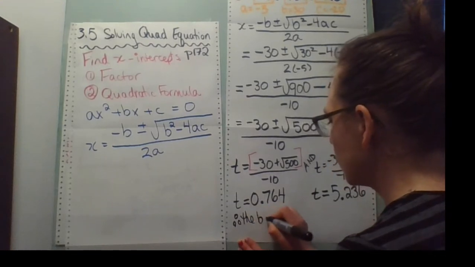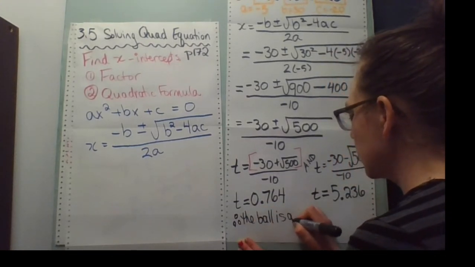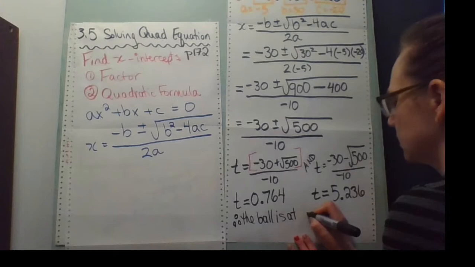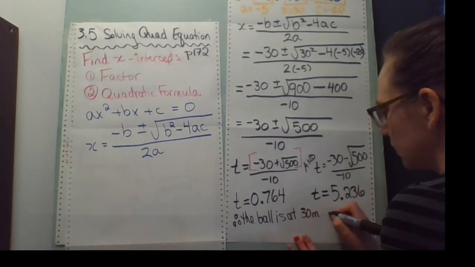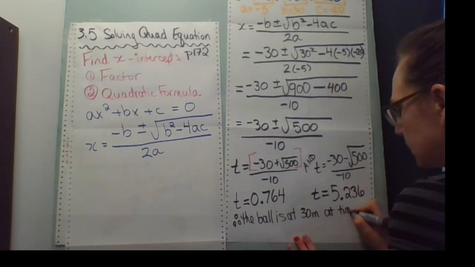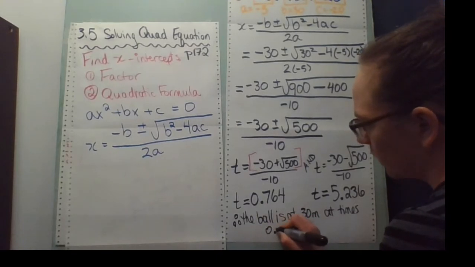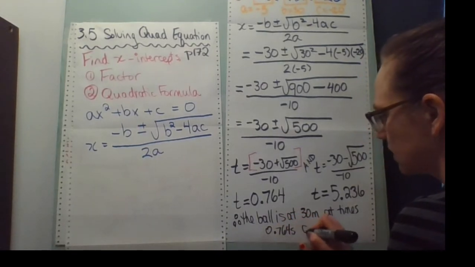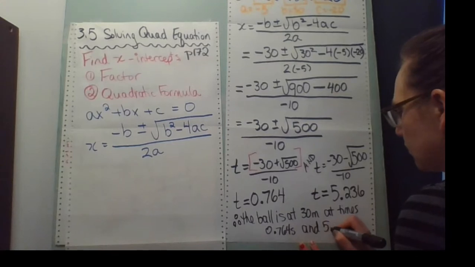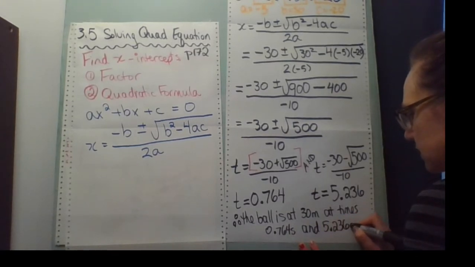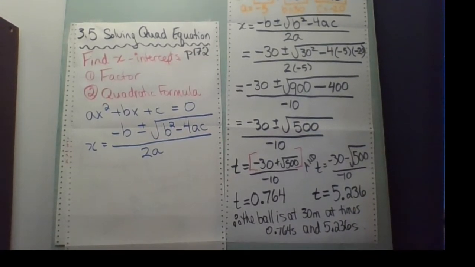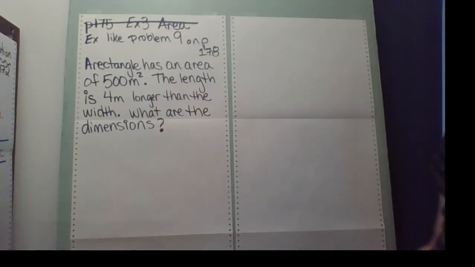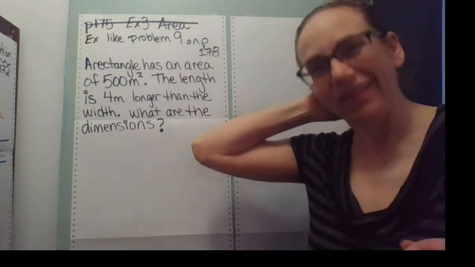Therefore, the ball, or balloon or whatever, is at 30 meters at times 0.764 seconds and 5.236 seconds. Done.